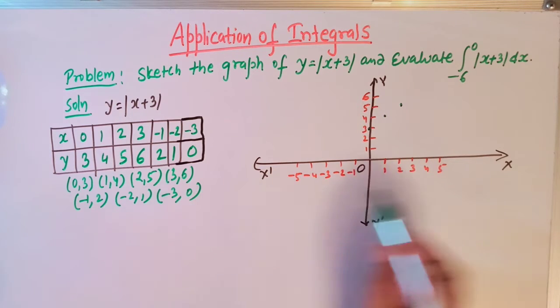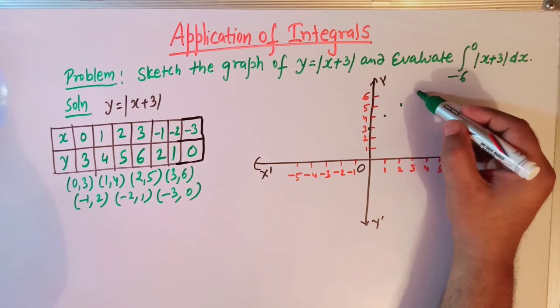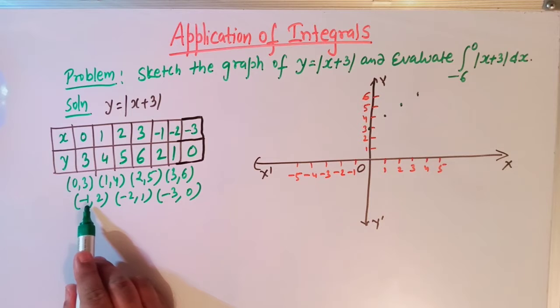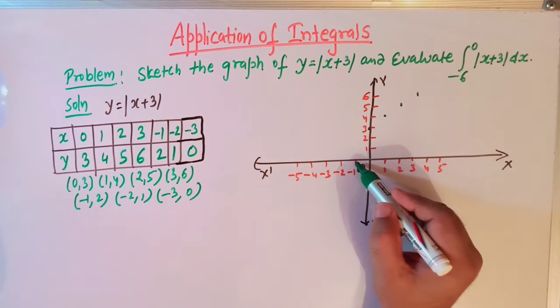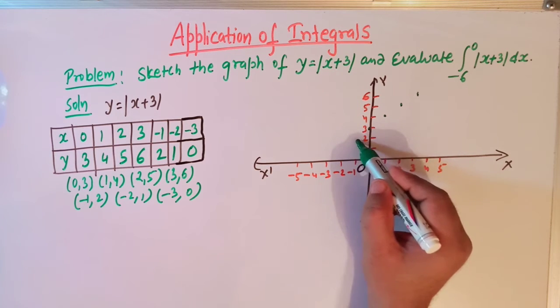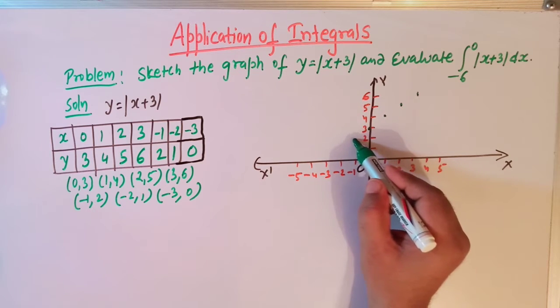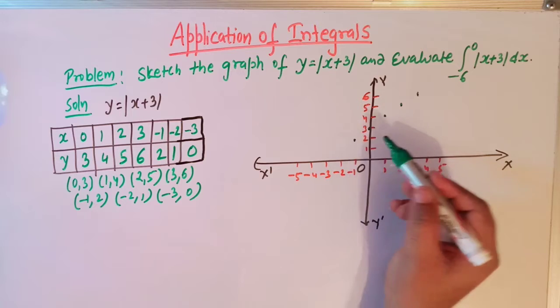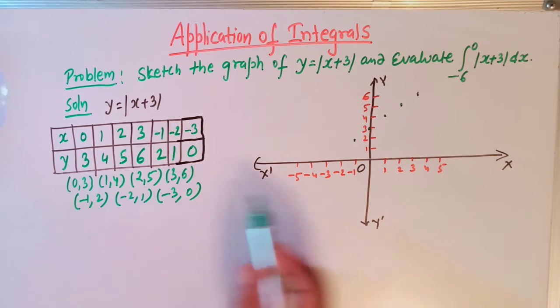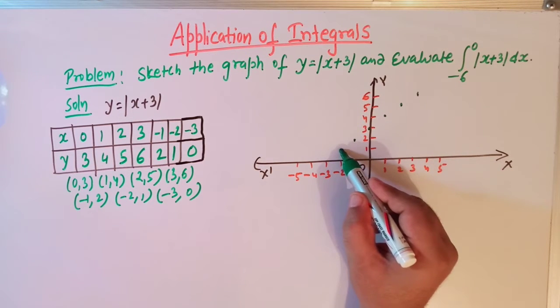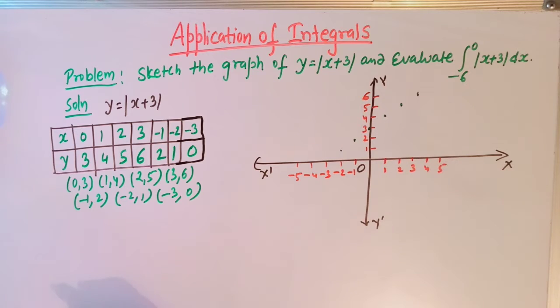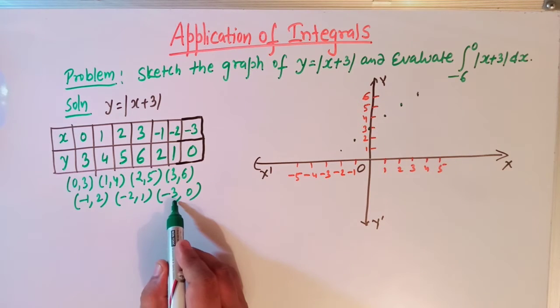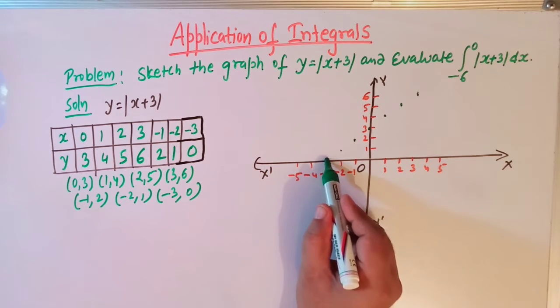And then 3 comma 6, somewhere here. And now we have minus 1 comma 2, so here we have minus 1 and here we have 2. So the point lies somewhere here. Then minus 2 comma 1, the point lies here. And then minus 3 comma 0, right?